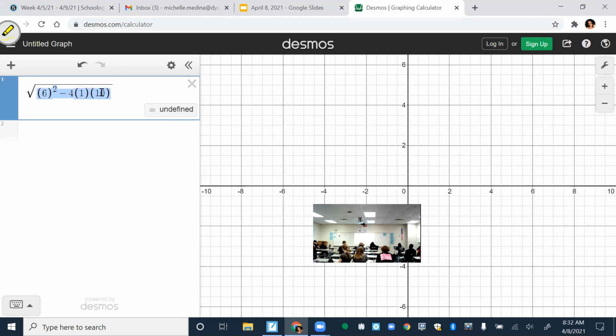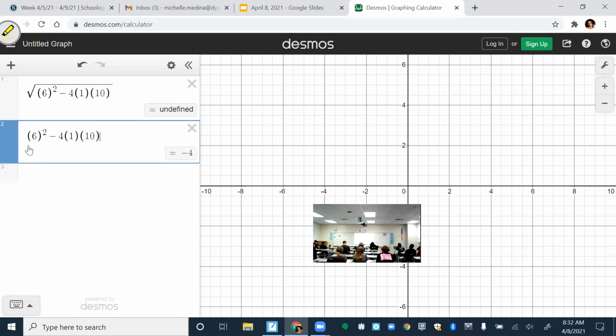Now, if that's the case and you double checked that you put everything in correctly, I would probably just copy and paste whatever's under the square root to see what it actually equaled before we took the square root of it. And it equaled a -4. Now, is it possible to take the square root of a negative number? It is not possible. That's why it says undefined.